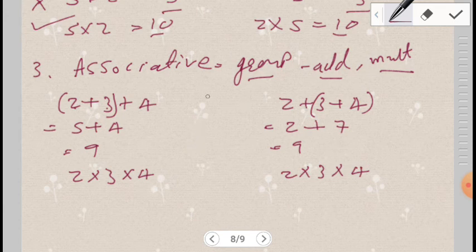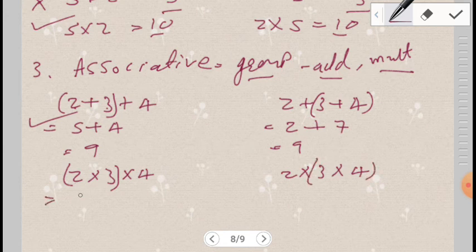So we can say that the associativity property can be applied for addition. Same for multiplication also. We make the first two a group, and then the last two as a group.